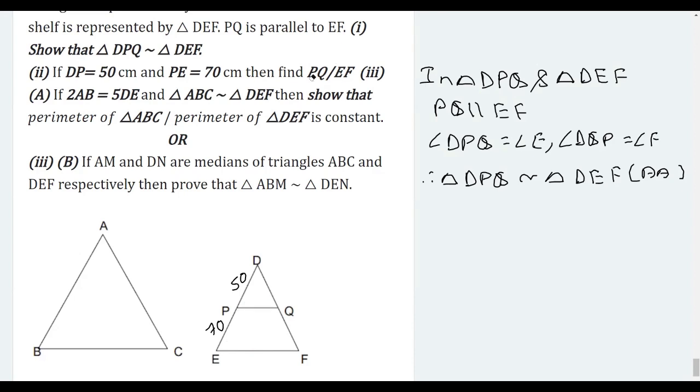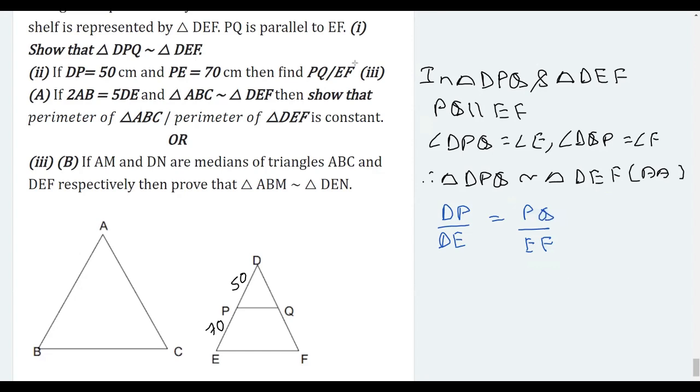So from here, I can write DP over DE is equal to PQ over EF. PQ corresponds to EF, and we have to obtain the ratio of this, that is PQ over EF.